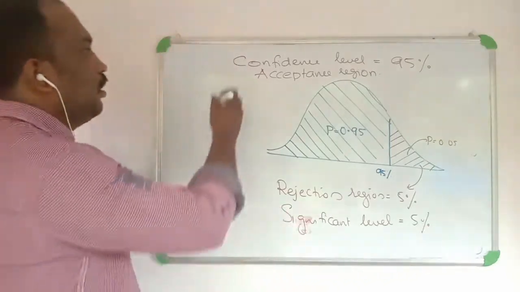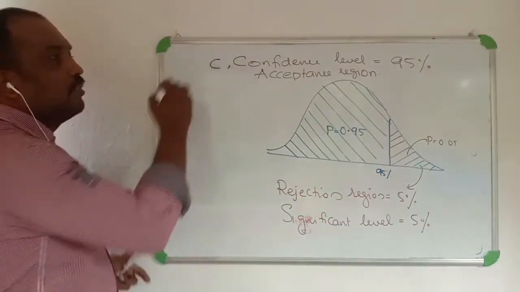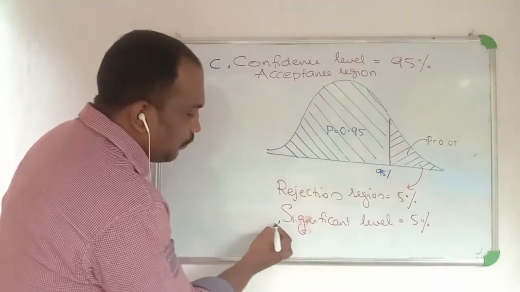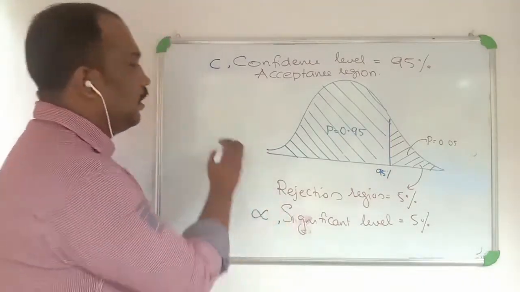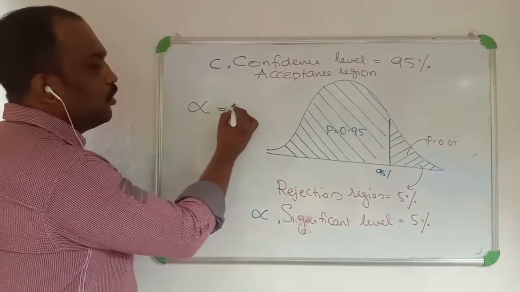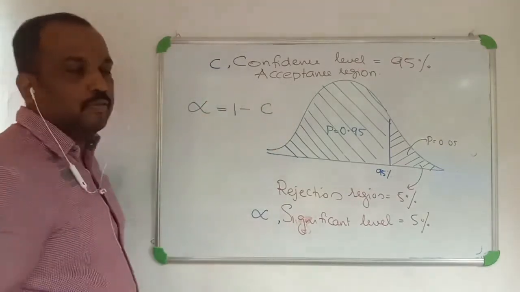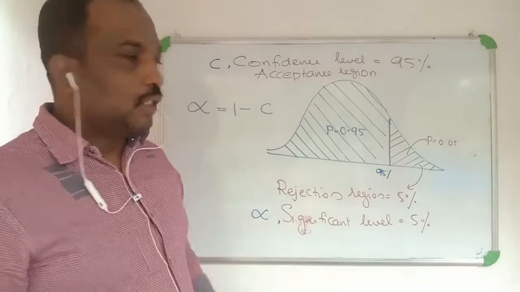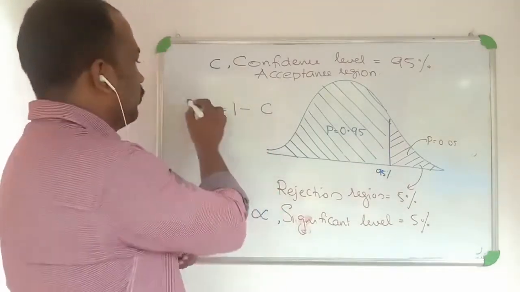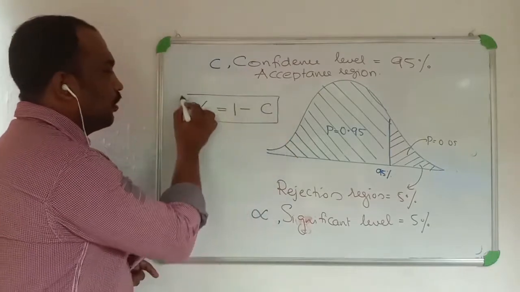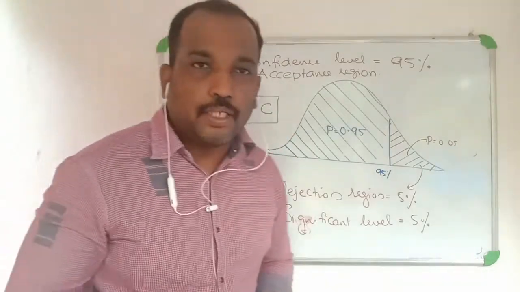If the confidence level is represented with C and the significant level is represented with alpha, then alpha is equal to 1 minus C. Just note this down: alpha is equal to 1 minus C.